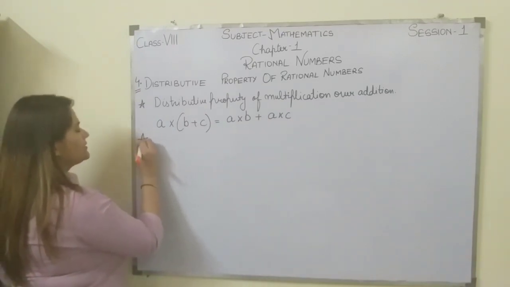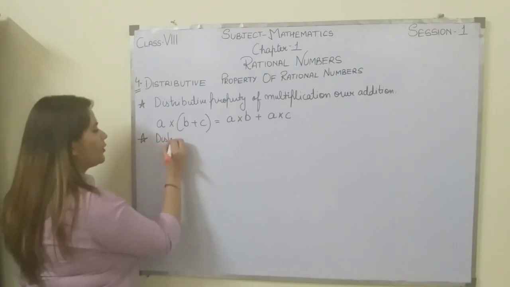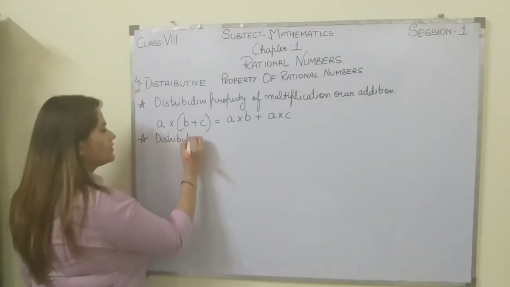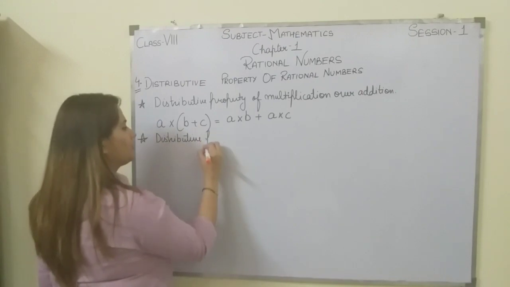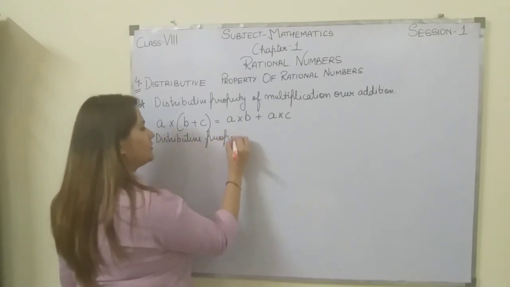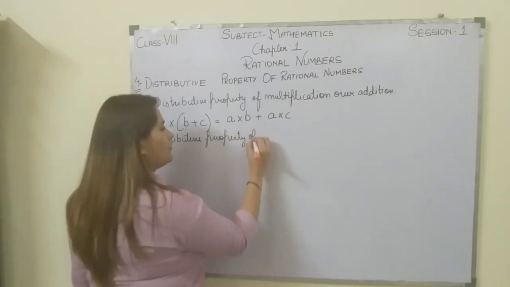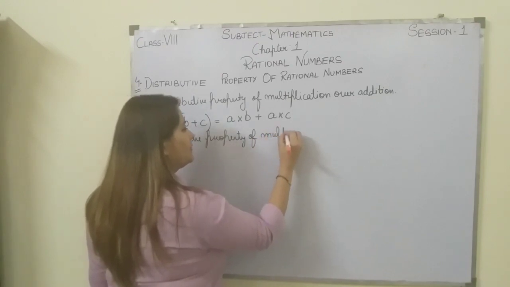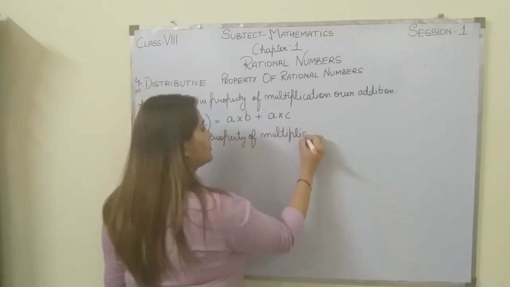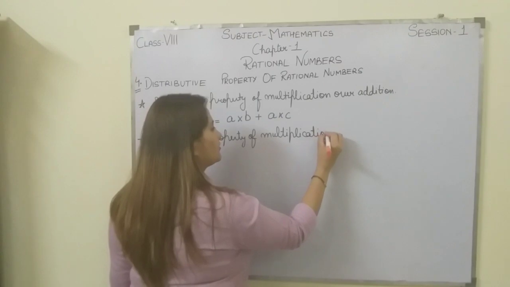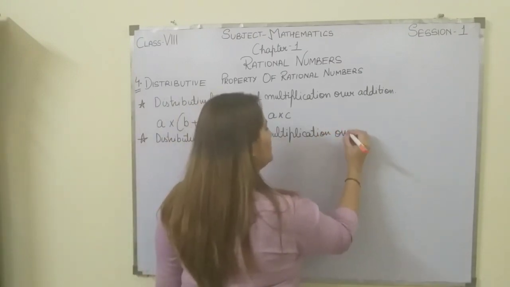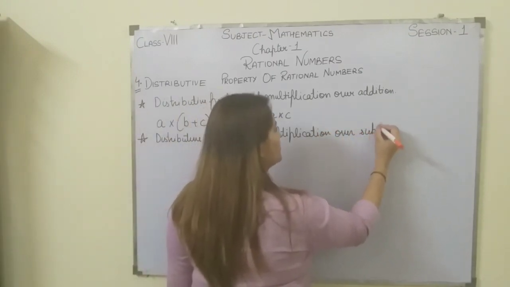The other one is the distributive property of multiplication over subtraction.